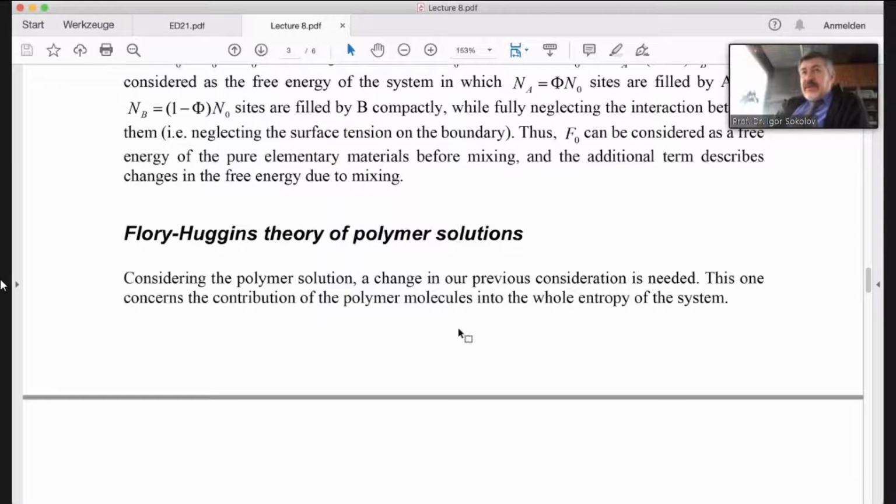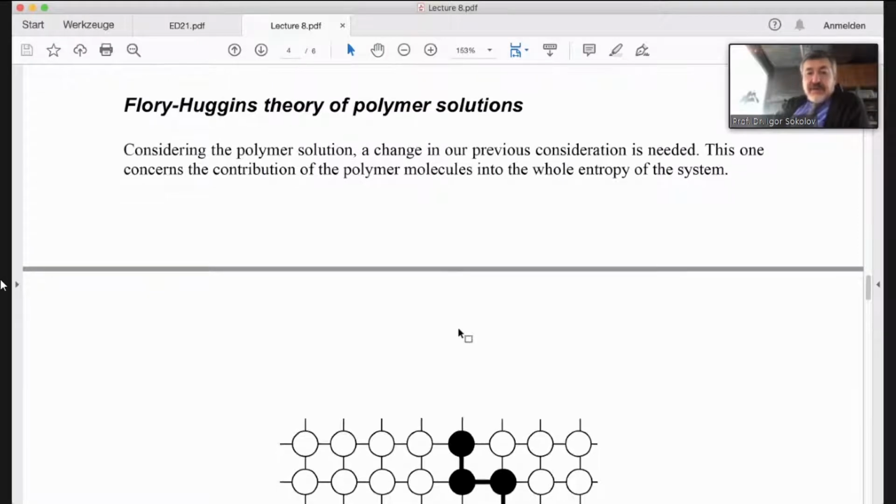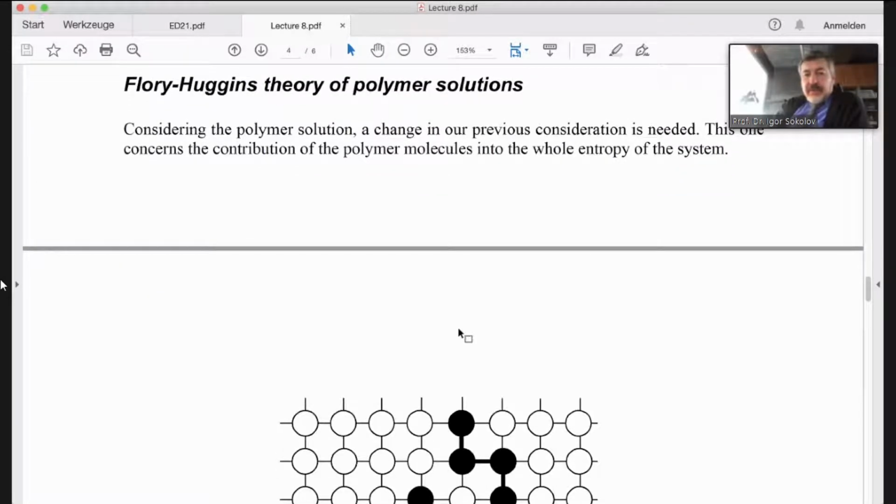This will not be the homework for this week, but the homework for the next week as one of the homework problems. And now the variant of the Bragg-Williams model for polymers is called the Flory-Huggins model.